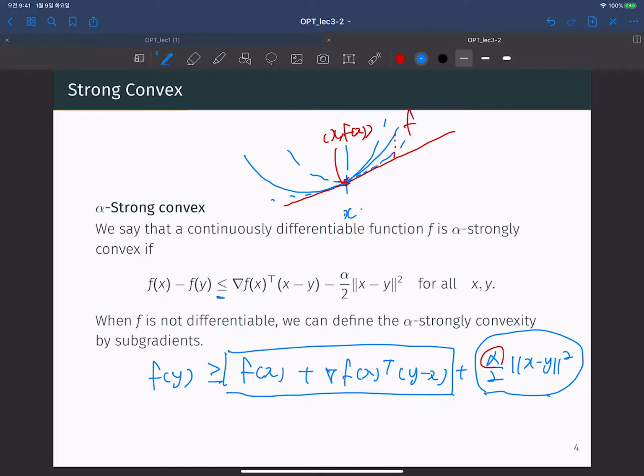So we start from this tangent line, and then add this square term here, and you will have this kind of quadratic function shape. And this dotted line, the affine tangent line plus this square term, is always below the original function f. Okay.